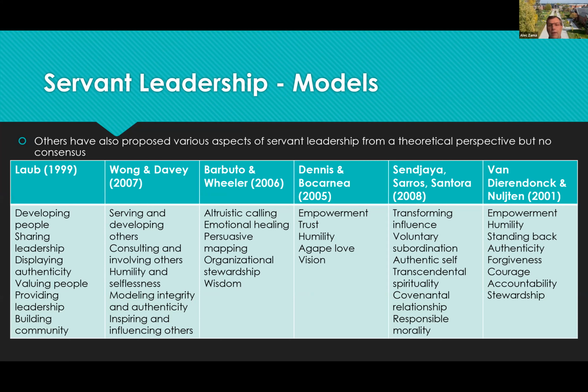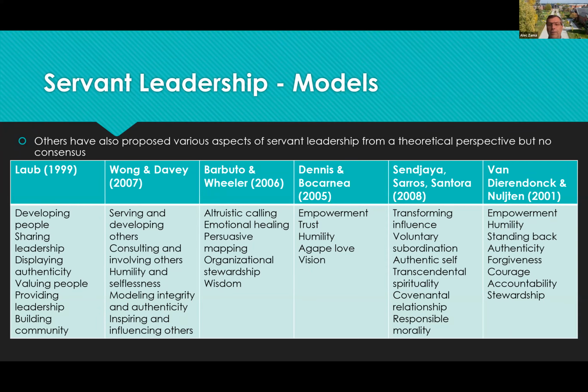with Robert Greenleaf's writing. For example, Laub in 1999 identified developing people, sharing leadership, displaying authenticity, valuing people, providing leadership, and building community. Or Dennis and Bocarnea in 2005 identified empowerment, trust, humility, agape love, and vision.